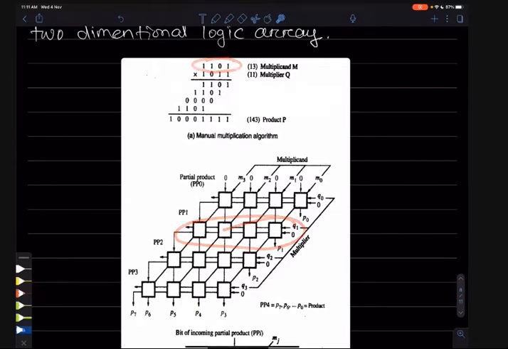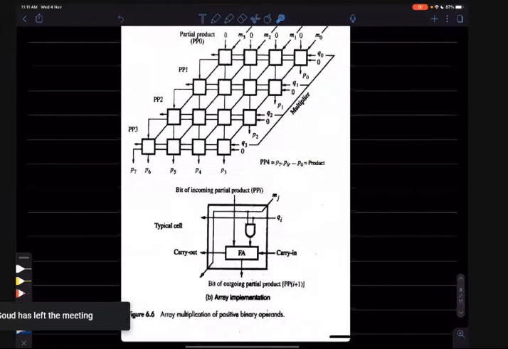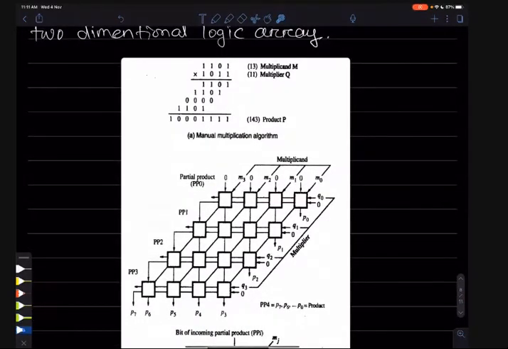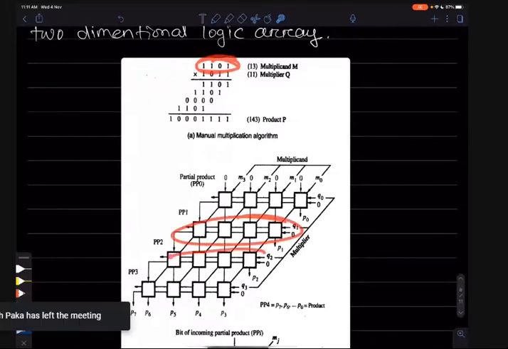So the 1101 bits are transferred using this line to the next stage. That's why this M has a separate line that will come into the box and leave the box from this side, so that this number can be forwarded to the next steps.